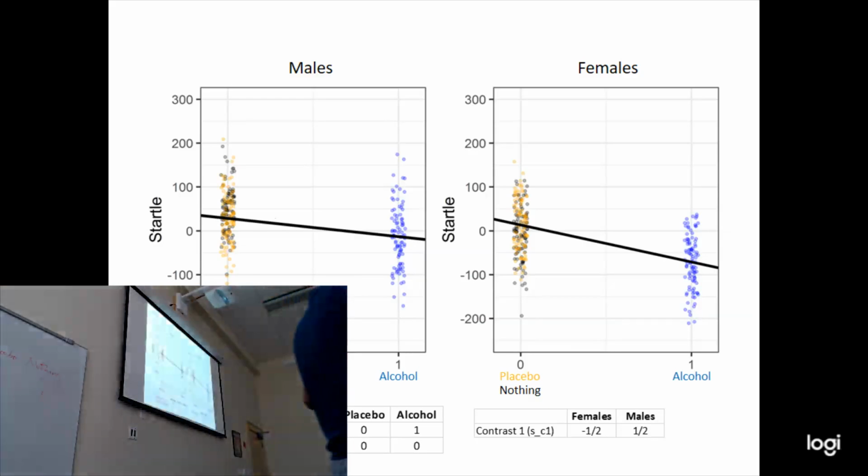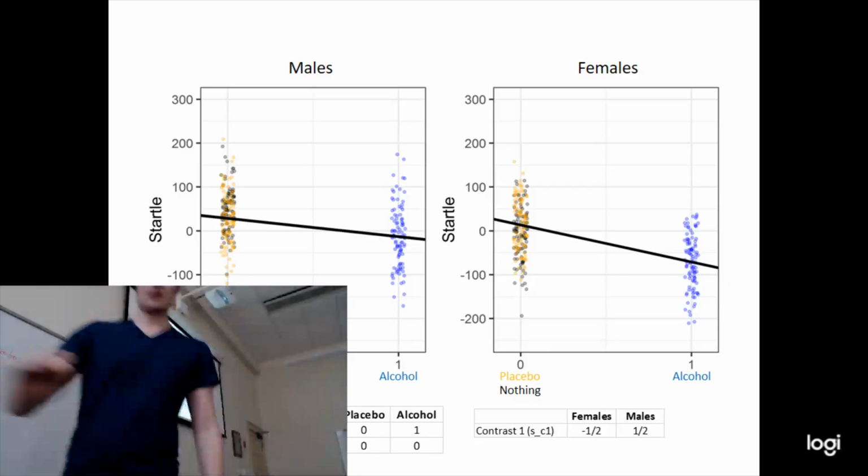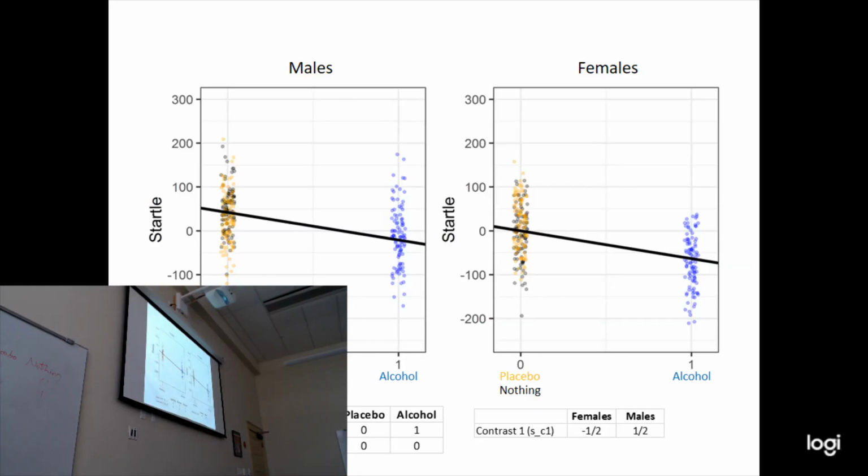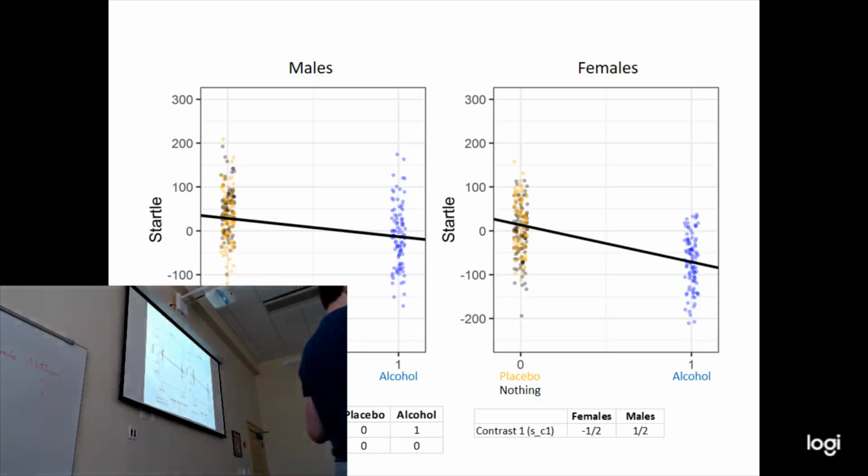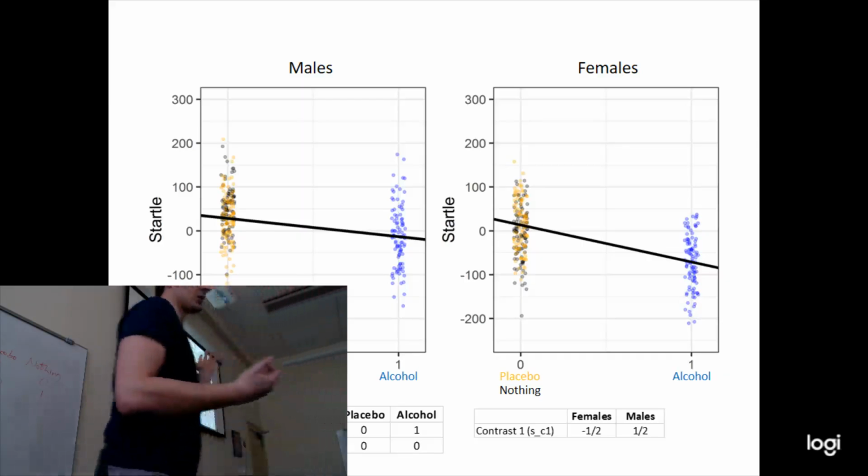And in a similar way, if I fit an interactive model, what I'm doing with that interactive model is allowing these slopes to be different. Before, in the previous slide, the slopes were forced to be the same, but an interactive model allows those slopes to be different. I hope you're seeing how very similar this case is to the case that we just went through, or any of the other cases that we've gone through.